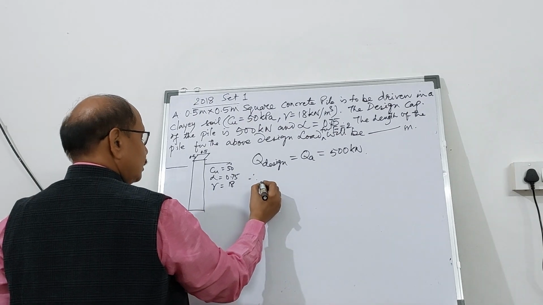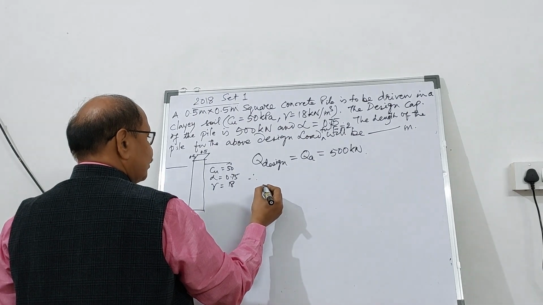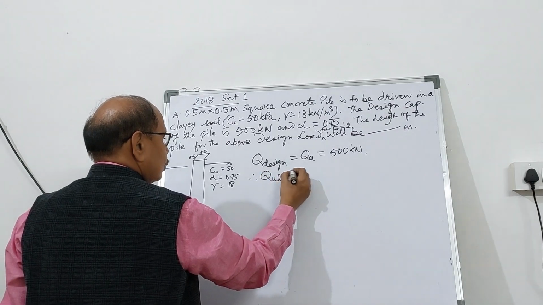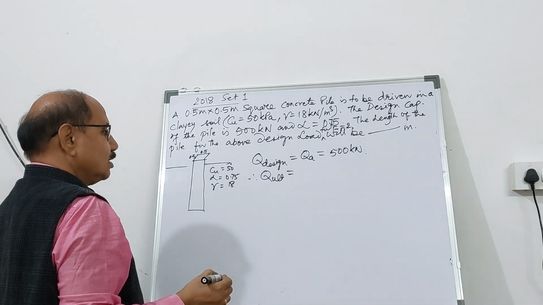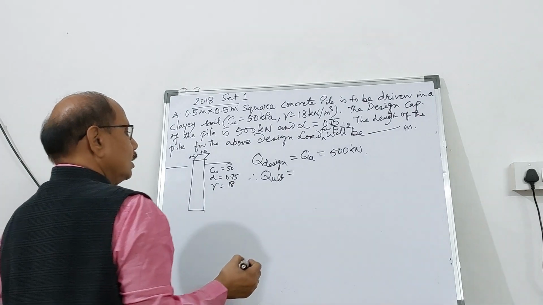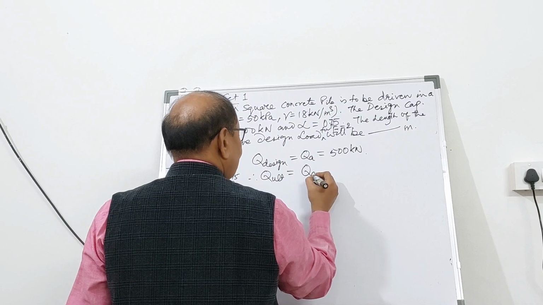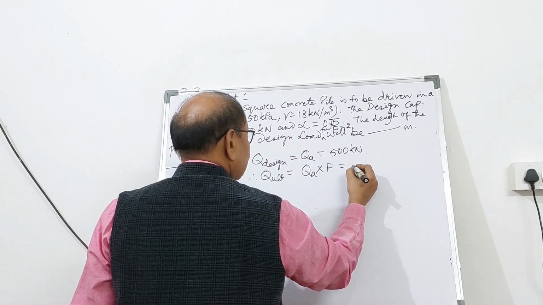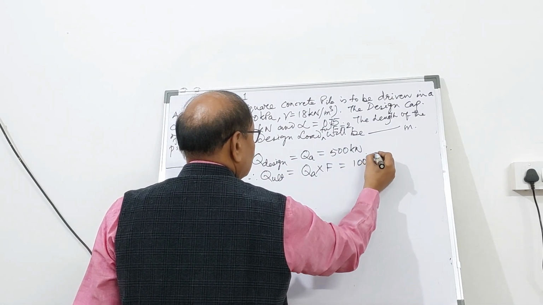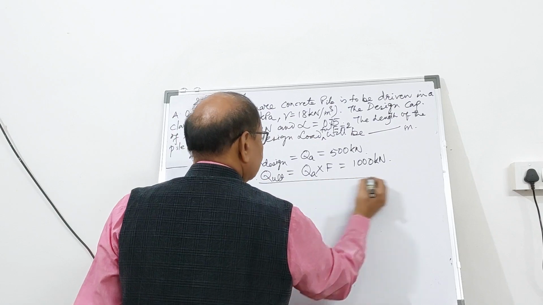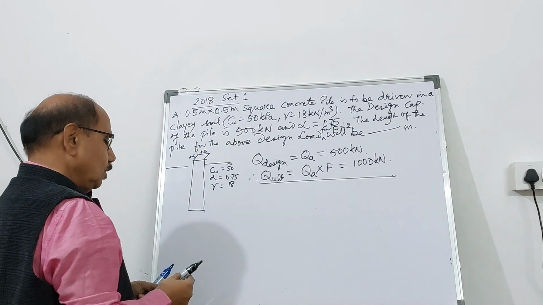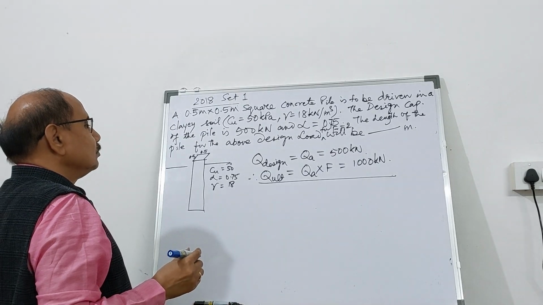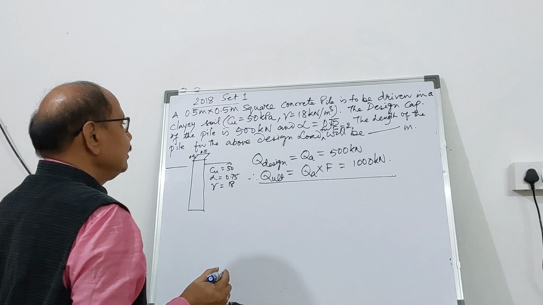Therefore, for factor of safety equal to 2, the ultimate load carrying capacity of this square pile will be allowable load carrying capacity or design load capacity into factor of safety. So it becomes 1000 kilonewton. So having got this, now you need to find out the length.